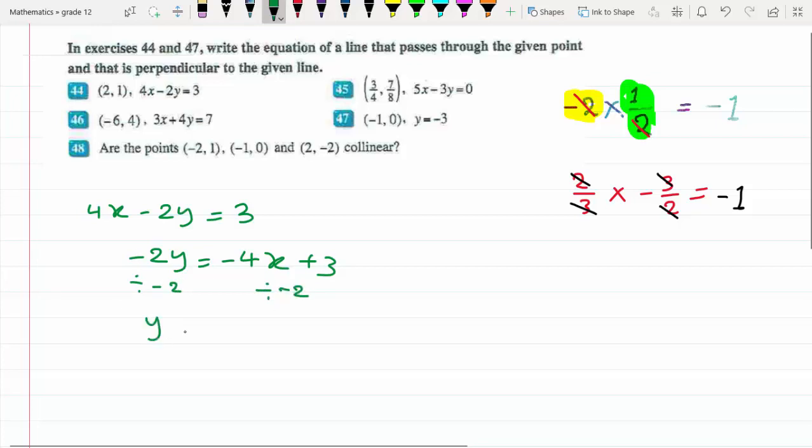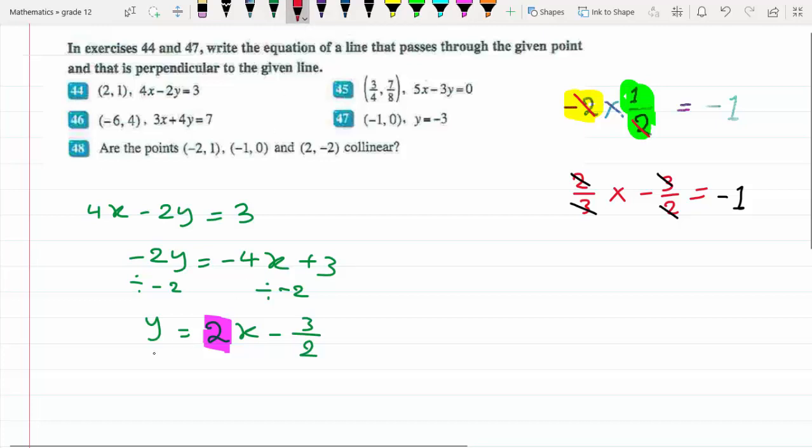We will have y alone here equals -4 divided by -2 is just equal to 2x. Positive 3 divided by -2 will be -3 over 2. It's okay if you leave your answer as a fraction because it's simple and it's always correct. Do not change these to decimals, because decimals in this case are more confusing. Now we got the slope of the given line. The slope of the given line is equal to 2.